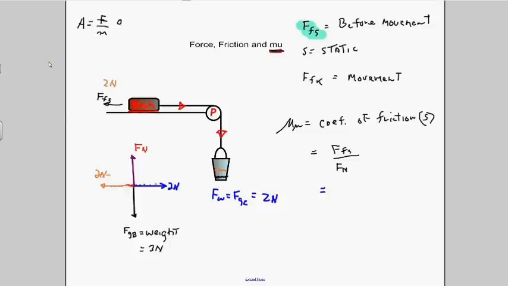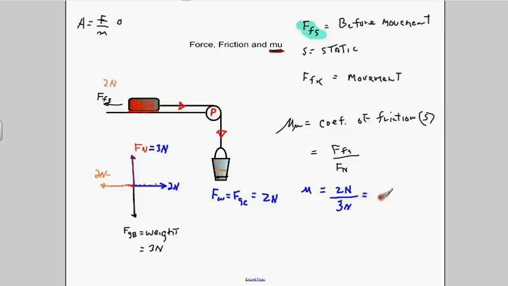This is just like the example we did in class, the physical example, the model I showed you. So here are our values. Our mu is equal to the force of friction static, which I'm saying is 2 newtons, divided by the force normal, which is equal to the force weight because it's not moving, of 3 newtons.